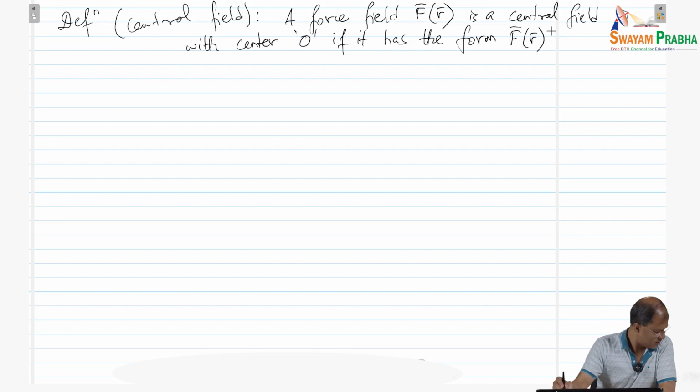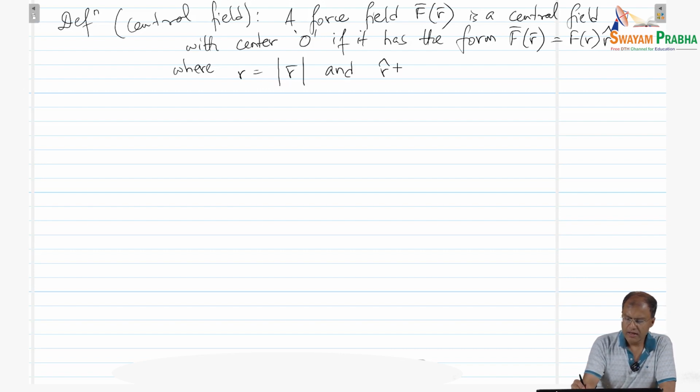F(r), which is f of r times r hat, where r is a scalar, the distance between the two bodies, and my direction r hat is the r vector divided by the magnitude r, which is this quantity.